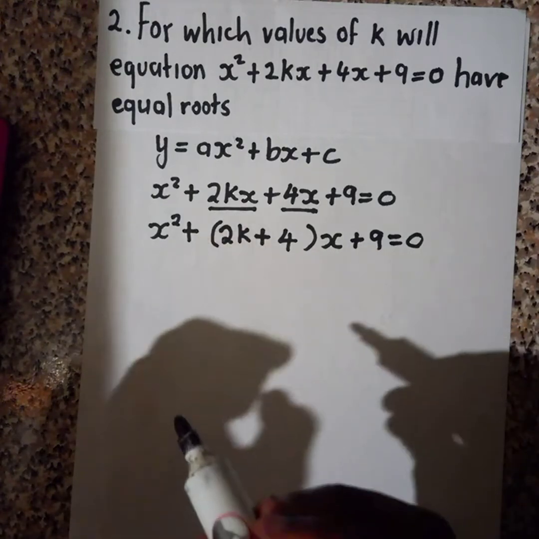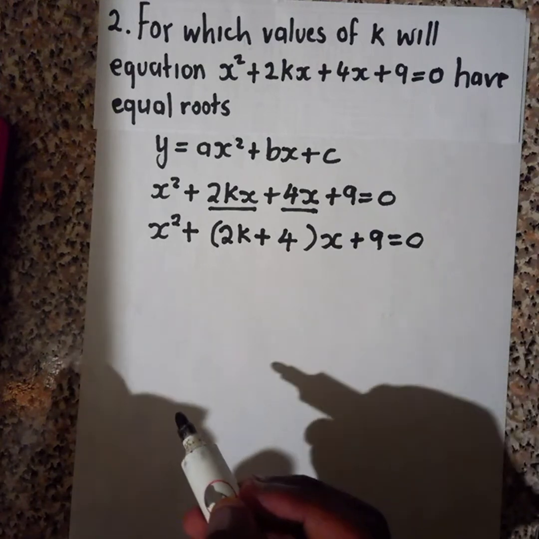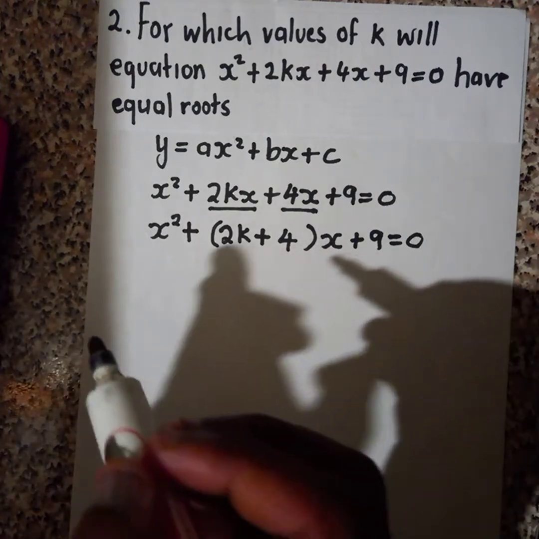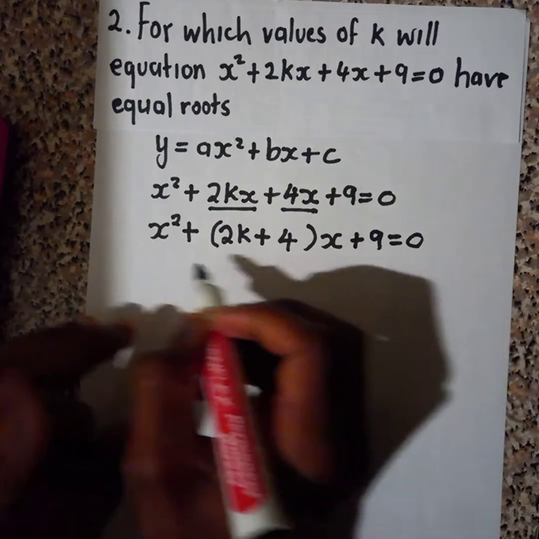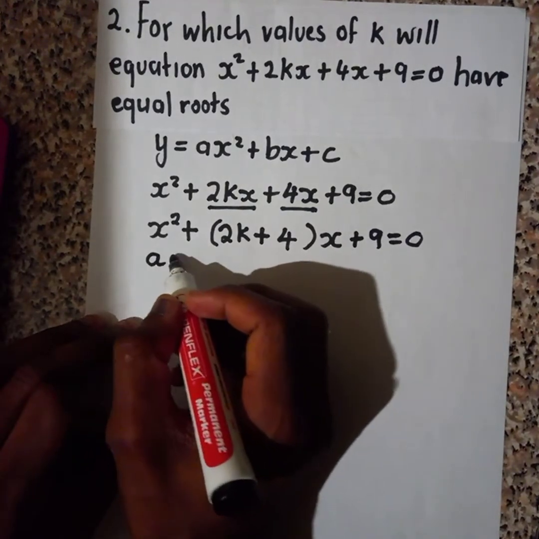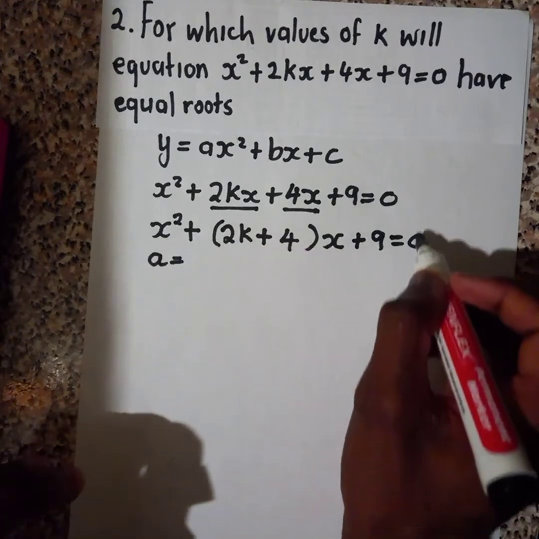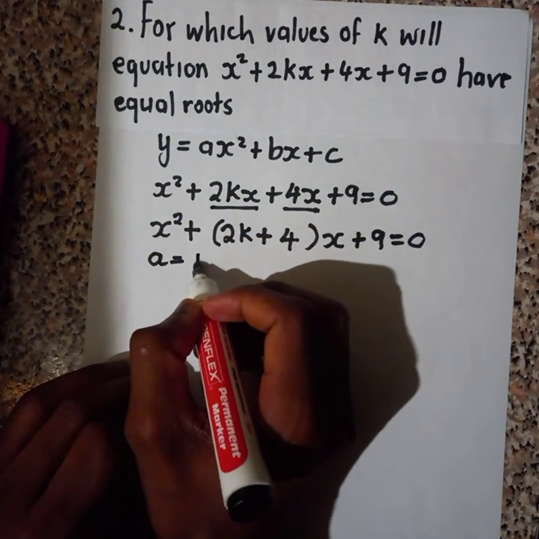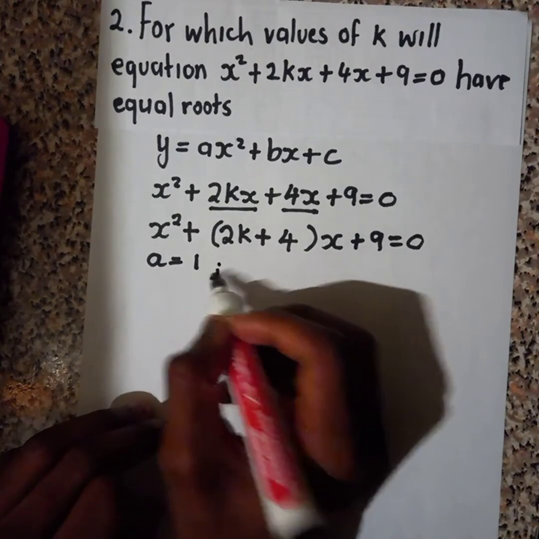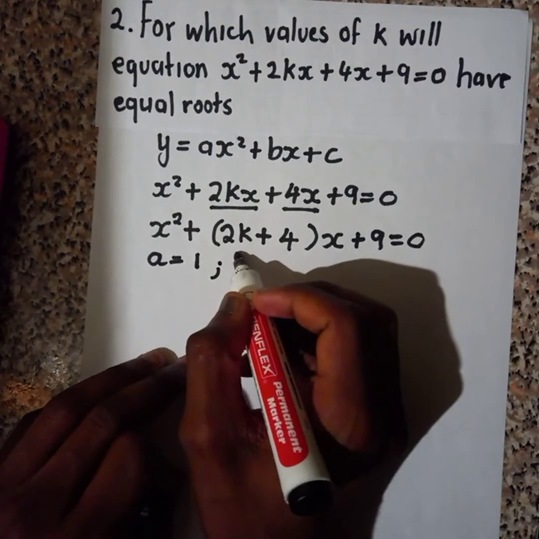At this point, you will then do what? Identify your a, your b, as well as your c, like this. Looking at this one, your a will be 1. Your b will then be what?